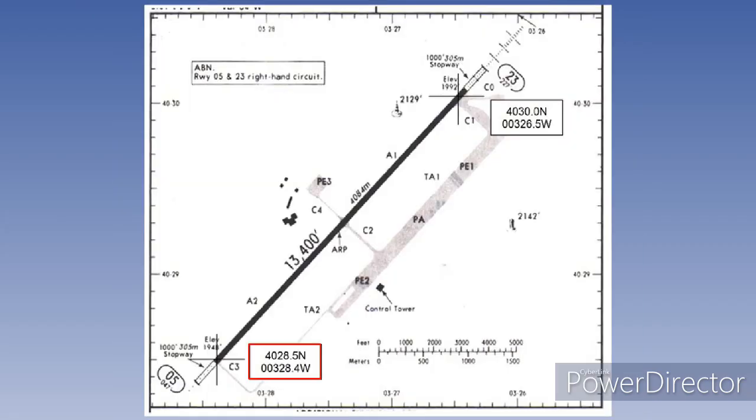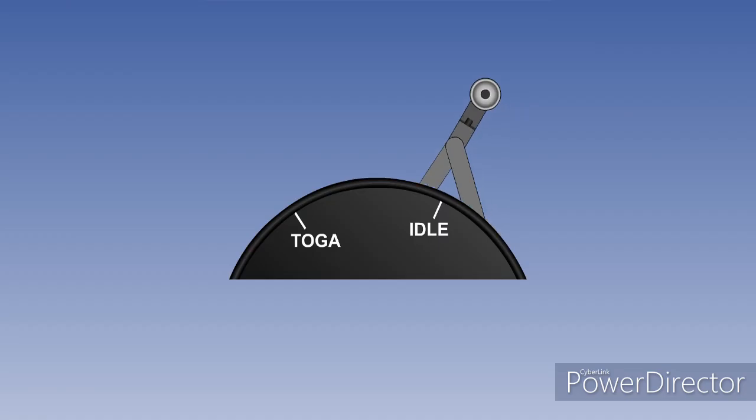The FMC navigation database contains the position of all runway thresholds in the company's route structure. As the takeoff roll is commenced, the throttles are advanced. A contact on the throttle quadrant is called the takeoff go-around switch, or TOGA switch for short. Operation of the switch automatically updates the FMC position to the takeoff threshold.